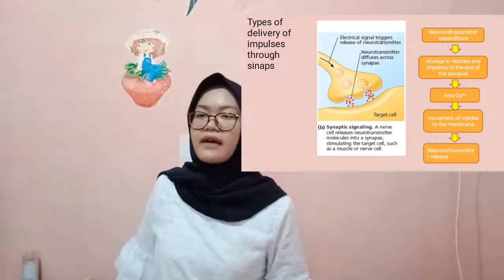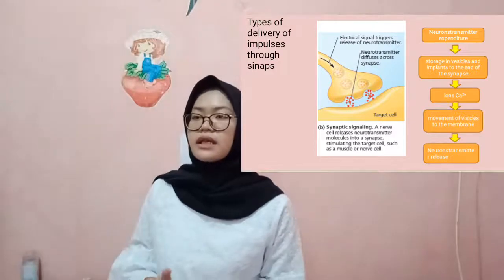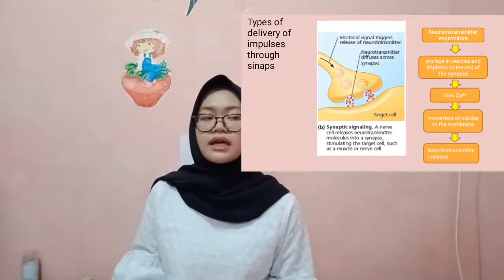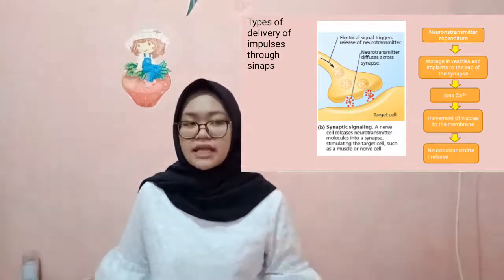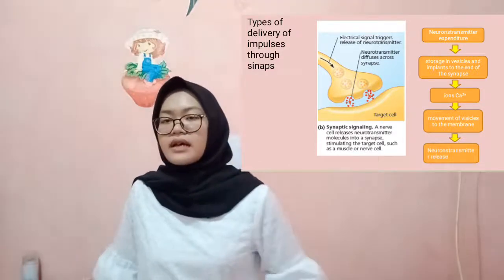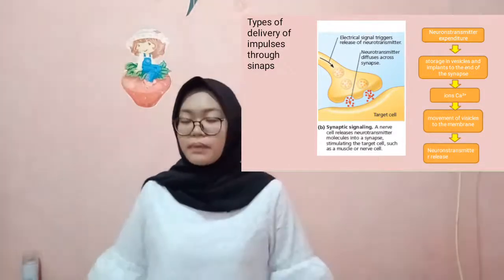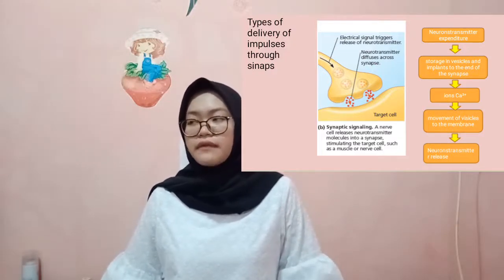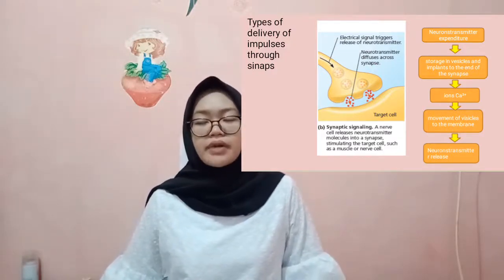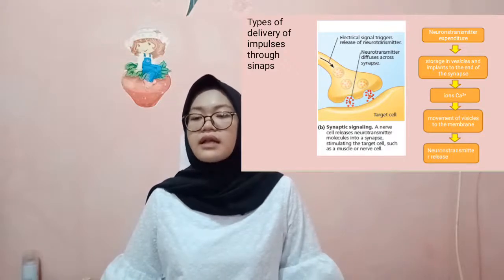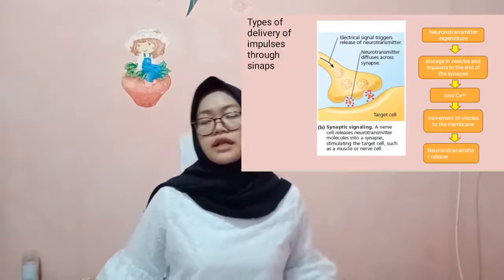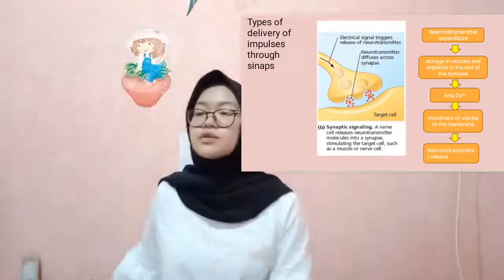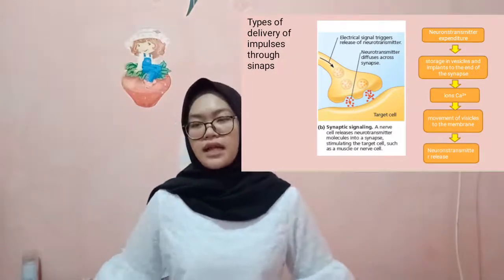After that, it fuses with a vesicle in the synapse. And after that, if there are Ca2+ ions, they can move the vesicle to the membrane of the synapse. Then the neurotransmitter is released to another neuron cell.